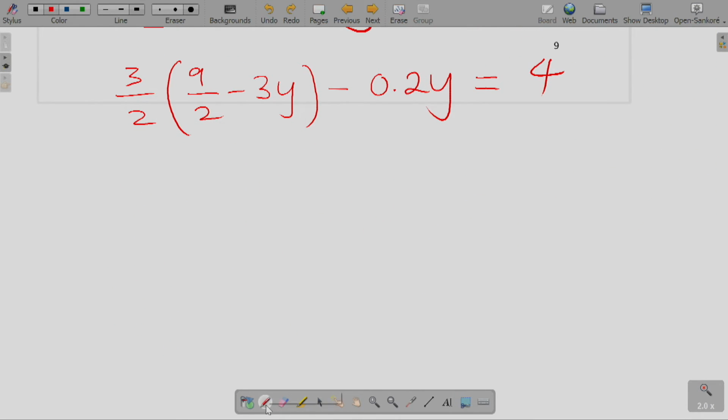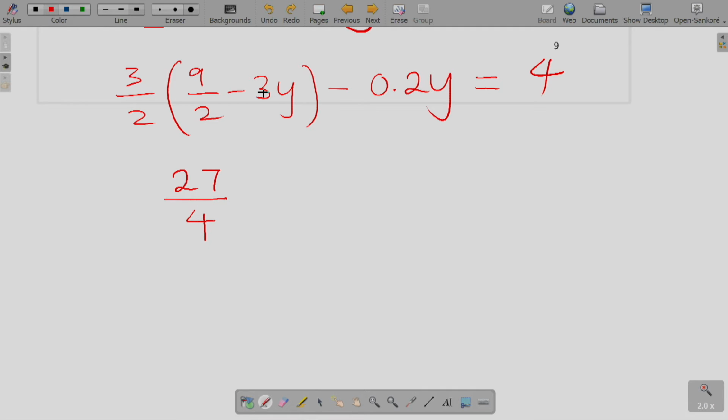So let's multiply 3 over 2 by 9 over 2. We'll get 3 times 9 equal to 27, and 2 times 2 equal to 4.